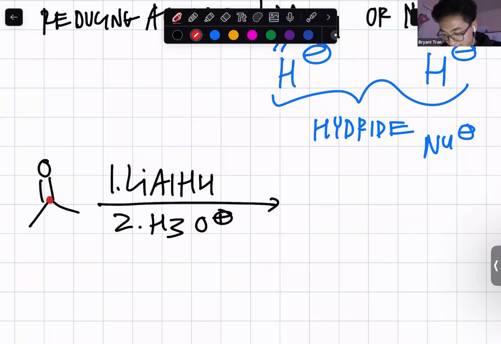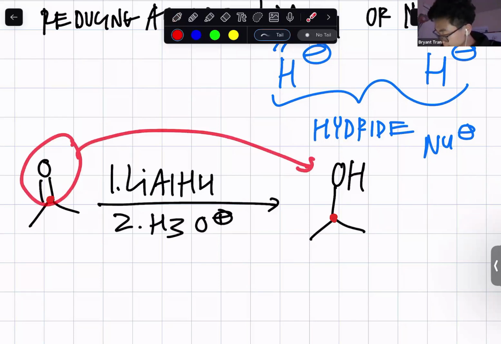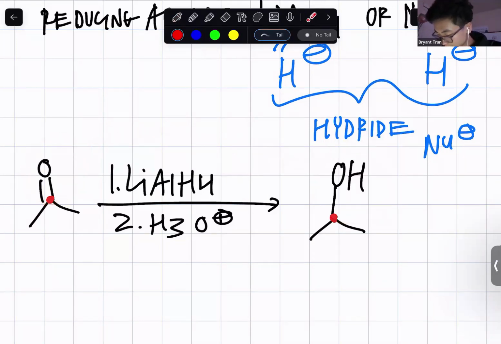Find or locate the carbonyl carbon. I dot that, which is going to be this dot carbon right here. That carbon double bond oxygen is going to be converted into a single bond OH, an alcohol, right?